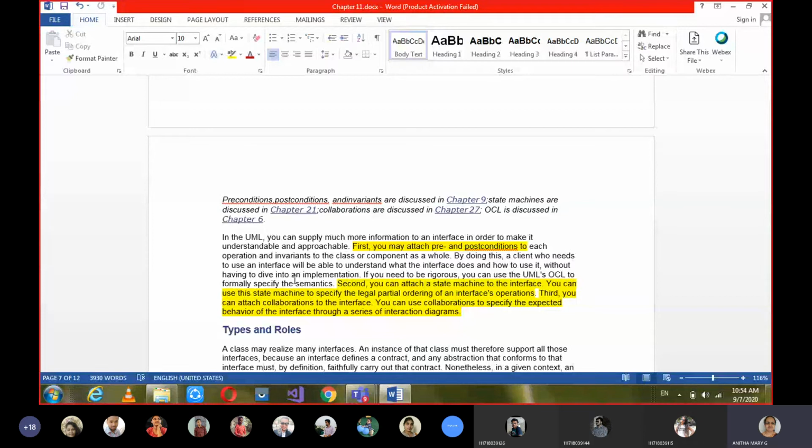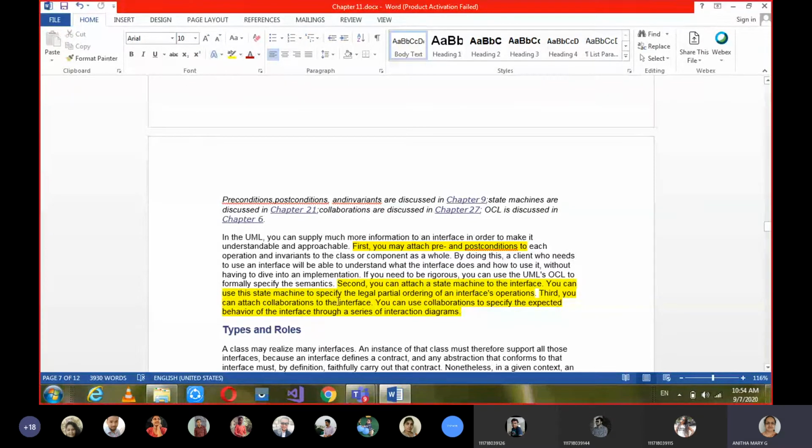By doing this, a client who needs to use an interface will be able to understand what the interface does, but not how to use it. It just provides the service, but not the details of the service.